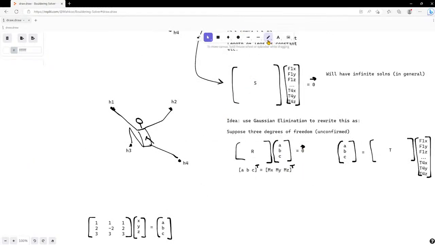I'm just trying to understand what. I think in reality, this isn't zero.